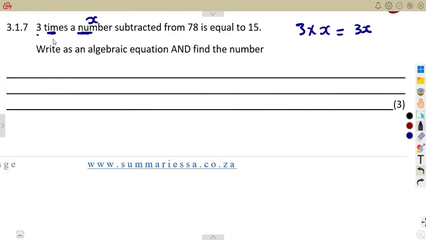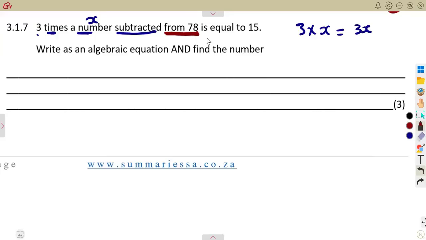That is what it means there. 3 times a number. But what happened? Subtracted from 78. Okay, guys. Yeah, there we have to be careful. I talked about that word from. From. Here. From what? From 78.